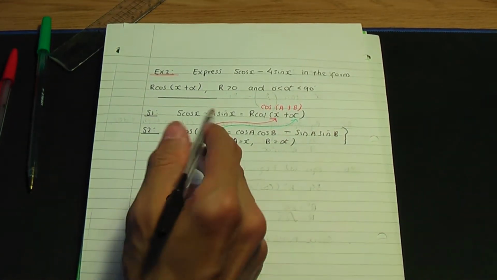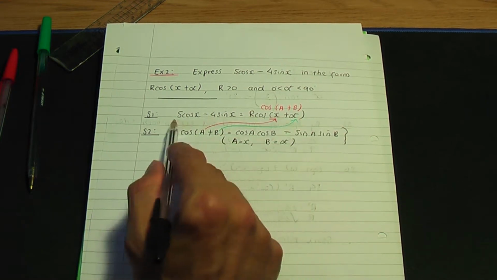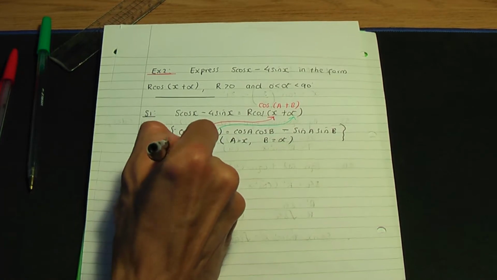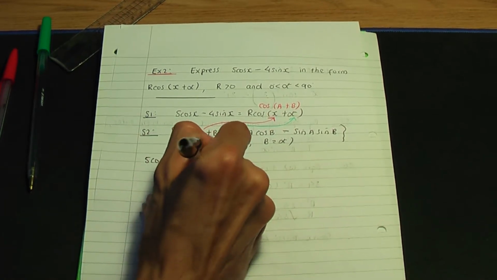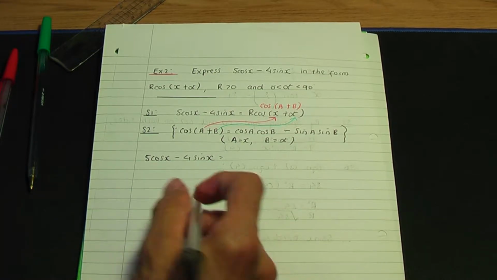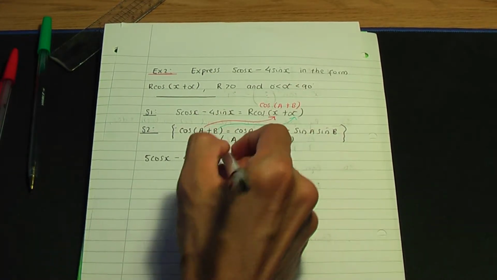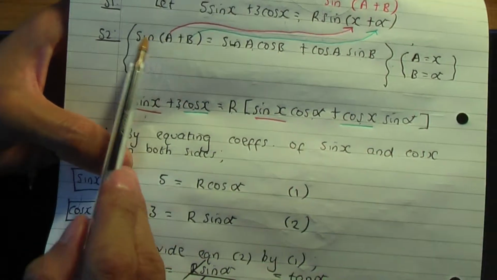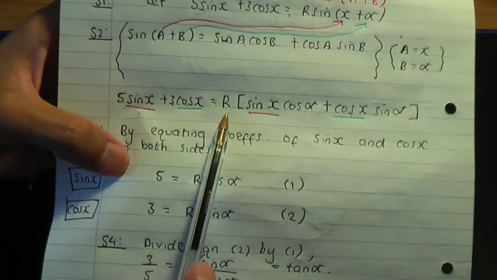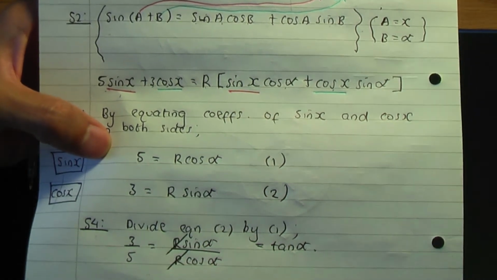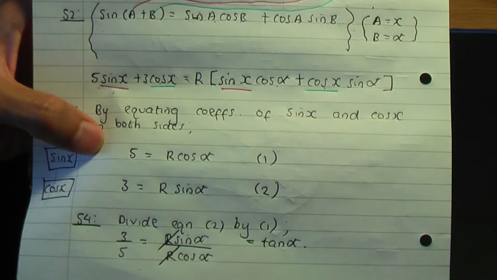So if I rewrite this equation, on the left, 5 cos x minus 4 sin x is equal to, okay, so remember in the last example, when it comes to step 2, keep the r outside and open up a square bracket and use the identity accordingly.